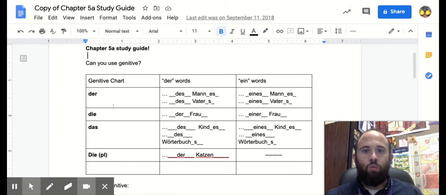So what does that mean? Genitive shows possession. And the way it's used in that first example is Seite des Kühlschranks, side of the refrigerator. We'll see it used in other ways to talk about relationships.